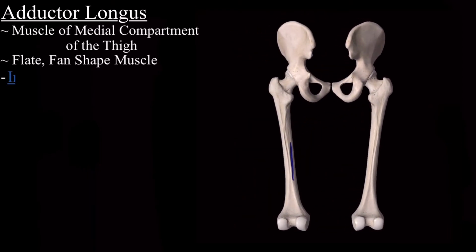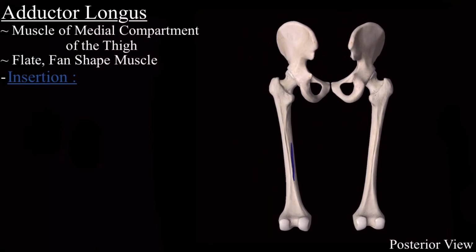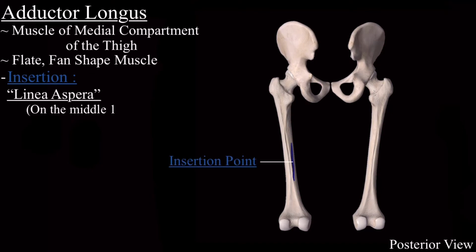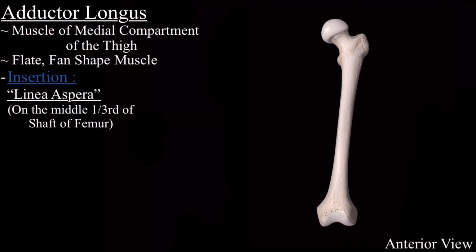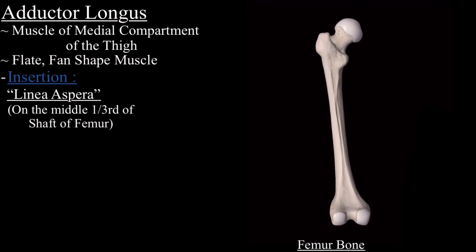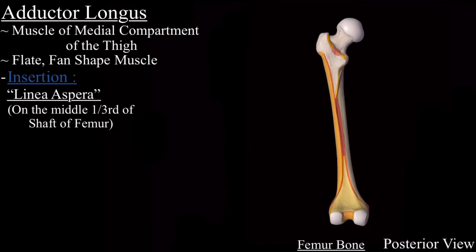Next is the insertion. It is inserted on the linea aspera, which is present on the middle 1/3 of the shaft of the femur bone. This is an isolated femur bone with the interior view. Now, in the posterior view, this is the linea aspera.